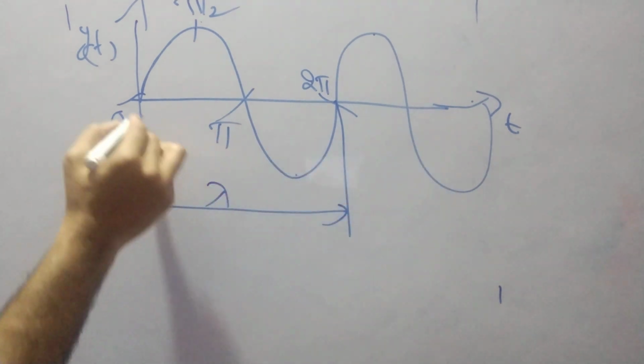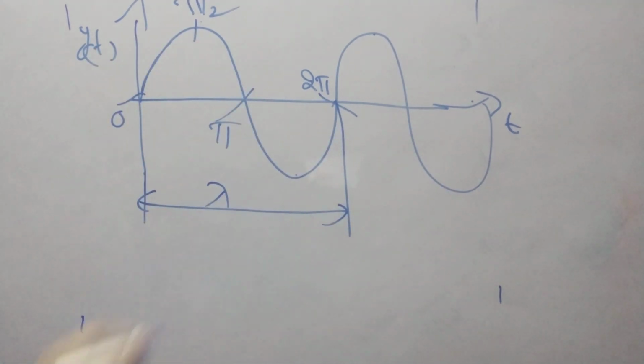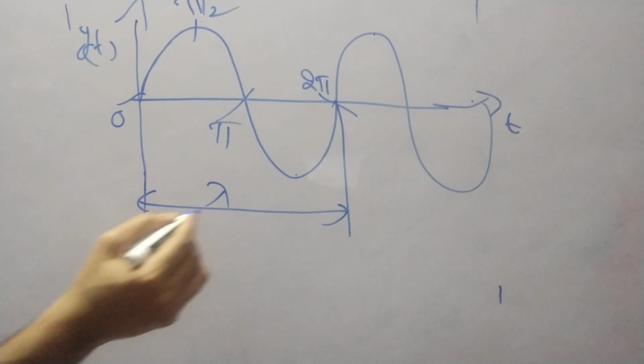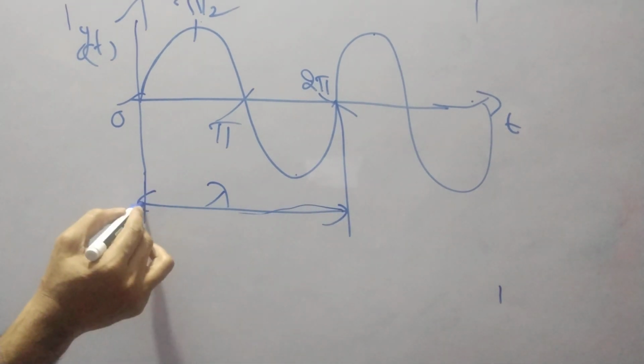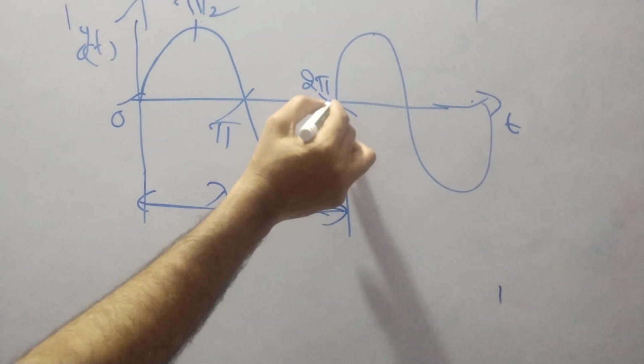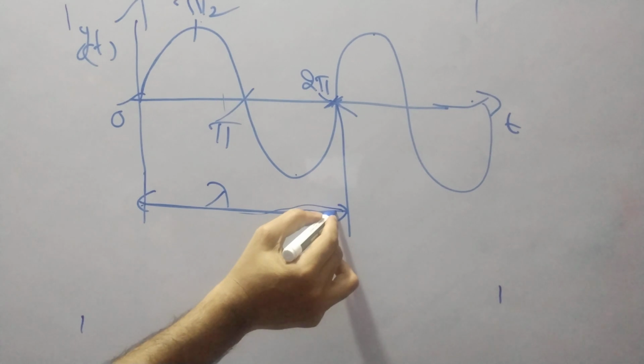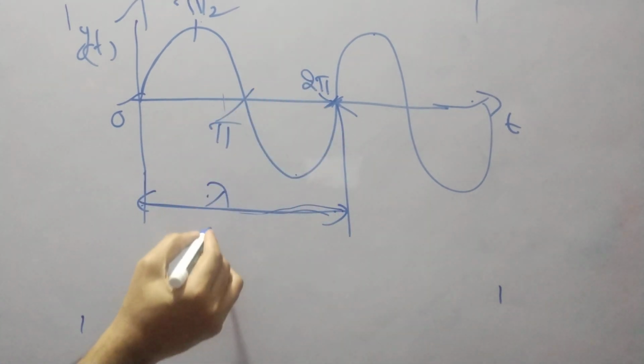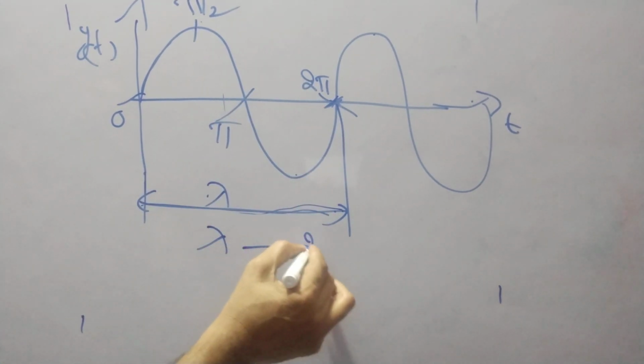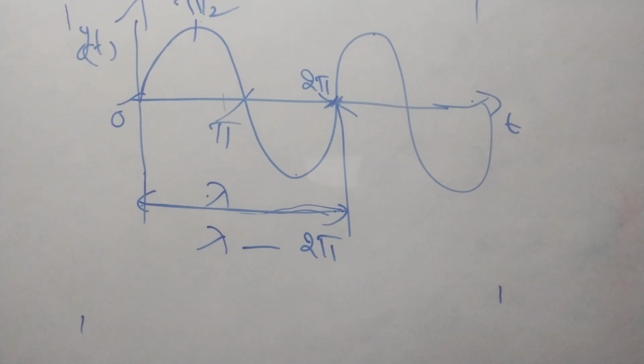Now this lambda is equivalent to 2 pi, because with respect to angles this is 2 pi, and with respect to wavelength this is lambda. So for a wavelength lambda, what is the total angle here? 2 pi, right?